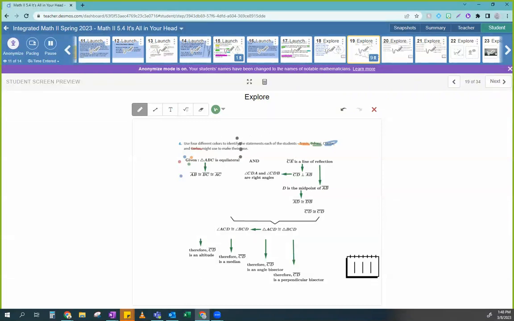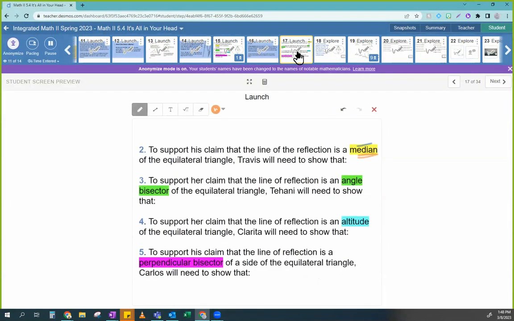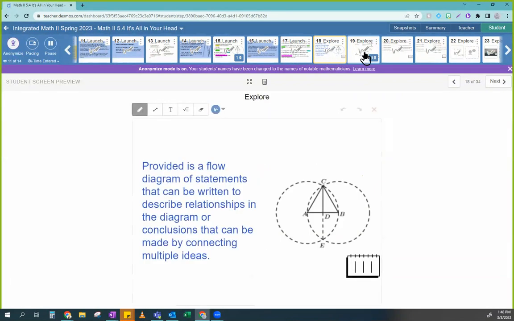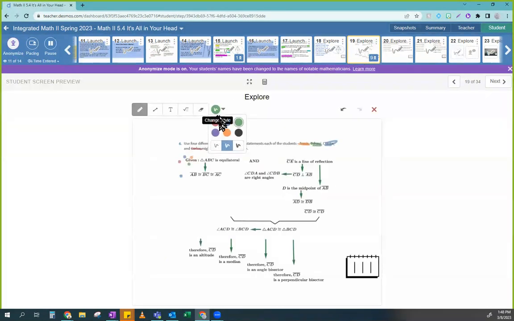Now over here, let me see if I got this right. Who said it was an altitude? Let me get these colors right. Median is orange. So therefore it's right. So Travis needed this for sure, right?